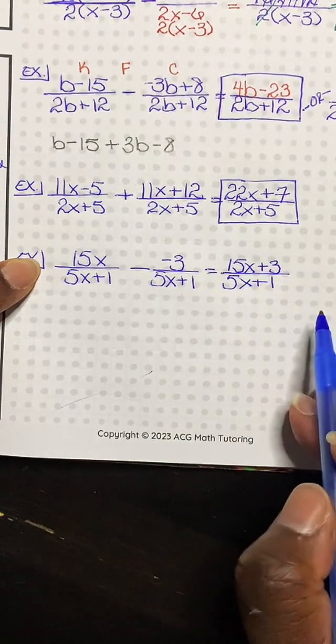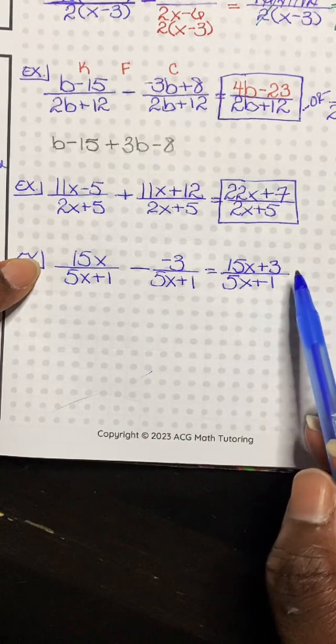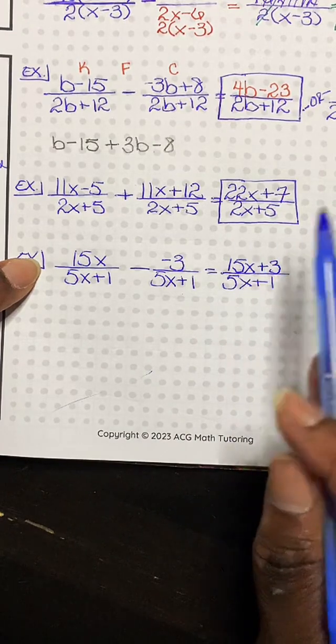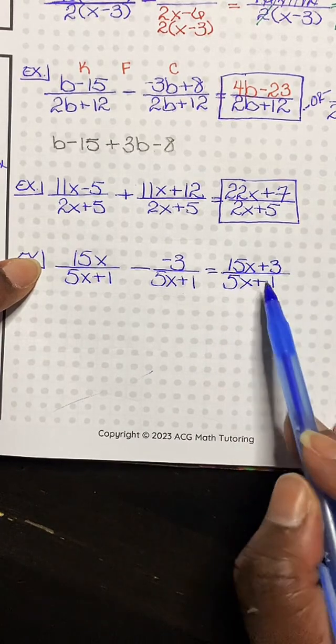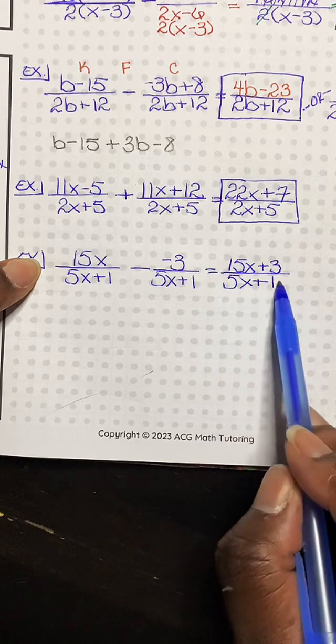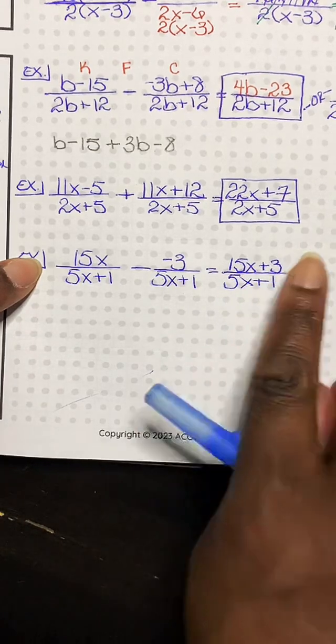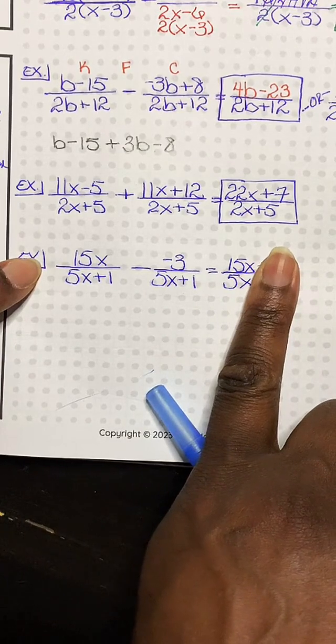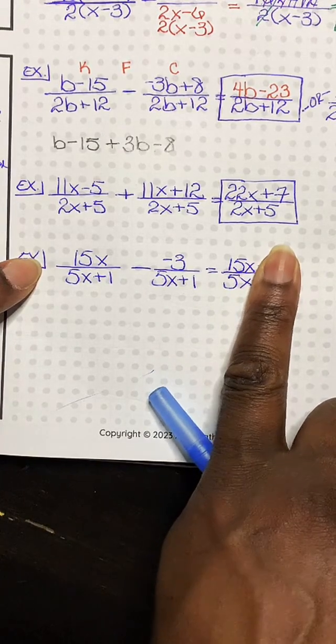Now, some people are saying, oh, we can cancel that 15x and that 5x. Okay? They're part of a term. If they were just 15x over 5x, yes, your answer would be 3.